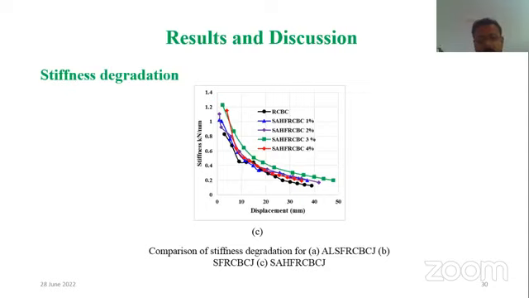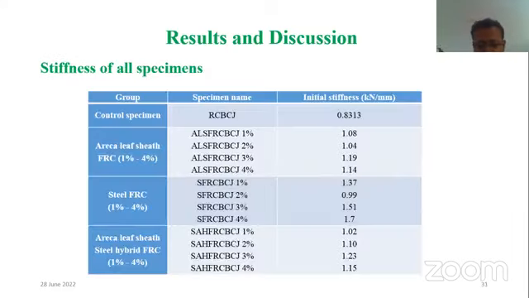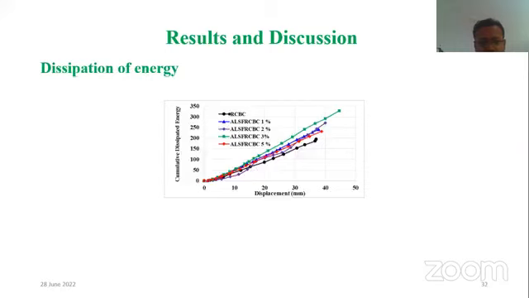For all cases, we can see 3% is the optimum percentage where the maximum strength is occurring, and maximum stiffness is also occurring at 3%. These are the specimen names and their corresponding initial stiffness in this table.